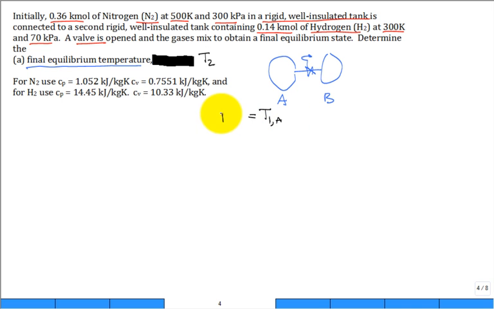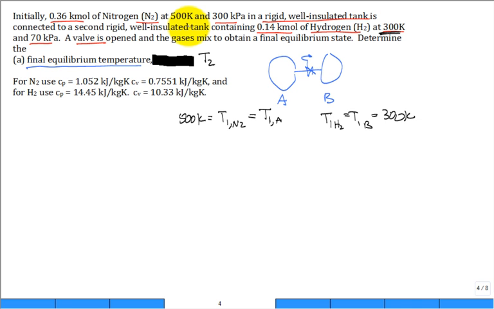Or you talk about T1 of the nitrogen, the initial temperature of the nitrogen, which is isolated only to tank A. Either way, you have to have some subscripts to know what you're talking about. And we know that temperature is 500 Kelvin. Likewise, we could struggle with, okay, what about the temperature initially for the hydrogen, which is temperature 1 in tank B, which is 300 Kelvin. This temperature and that temperature. Okay.